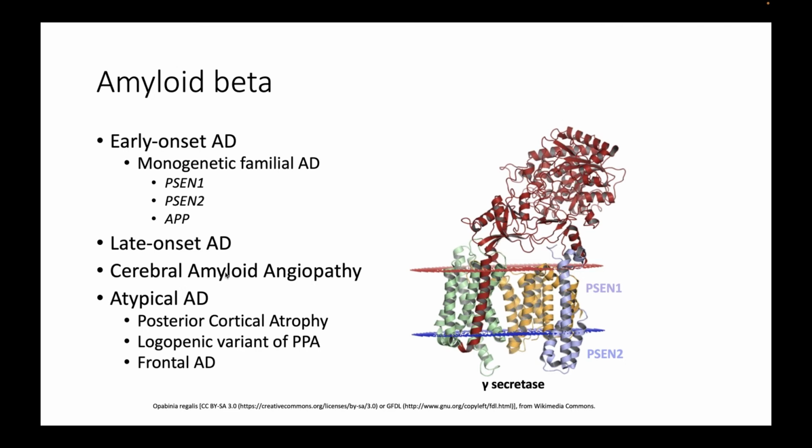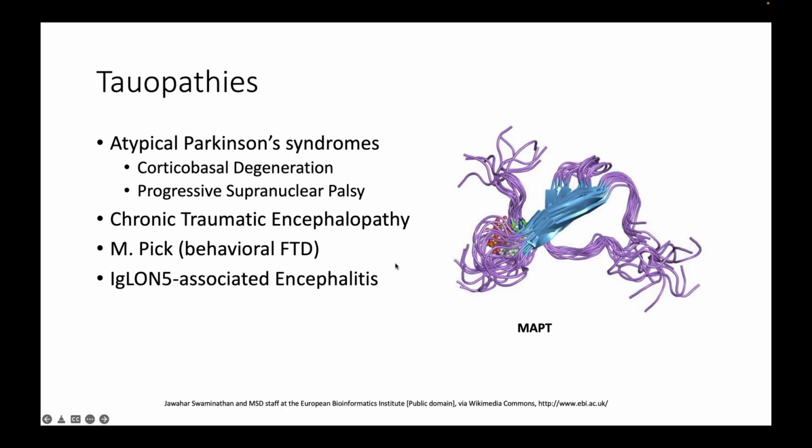And there are also 3 classical atypical Alzheimer's disease entities, which is the posterior cortical atrophy, where problems in visual perception appear. Then also the logopenic variant of the primary progressive aphasia, where speech is affected in the beginning of the disease, and also a frontal variant of Alzheimer's disease where frontal symptoms such as disinhibition or aggressive behavior might appear first. They're all rare, but can appear, and it's important to know that not all cases of Alzheimer's disease start with memory deficits.